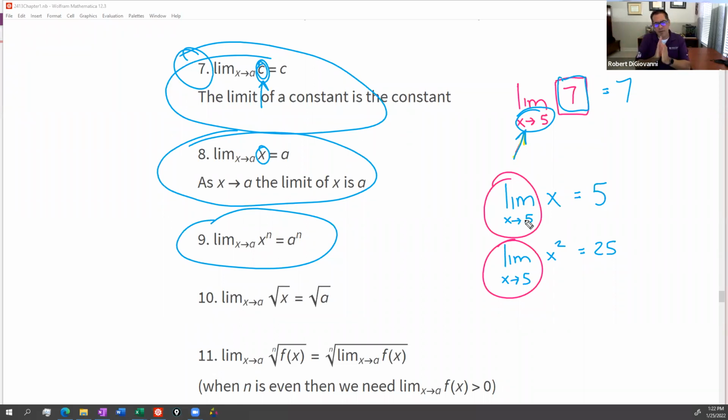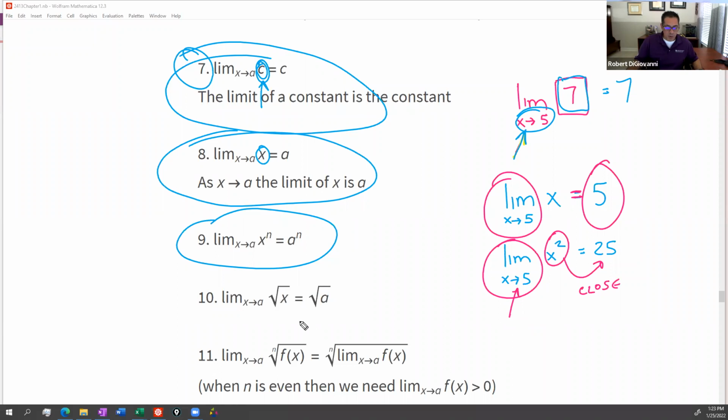Close is this real weird thing in this class. But in the limit, we are letting x approach 5. And when I say equals, I'm not saying it equals 5. I'm saying it's getting closer and closer to 5. Here I'm saying as x approaches 5, x squared gets close to 25. It gets really, really close to 25. I'm not saying it ever gets there. I'm just saying it gets close to it. All right.